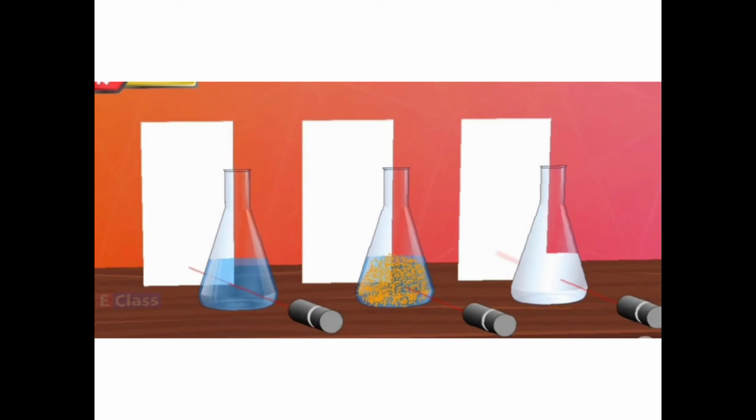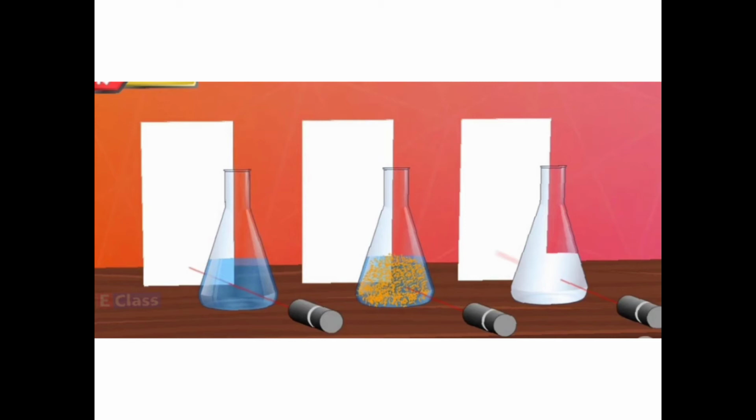Now, one fantastic thing which we are going to do is with the laser light. Some of you play with laser lights; now it is time to do the experiment. Observe that you pass the laser light through each of these beakers or conical flasks.